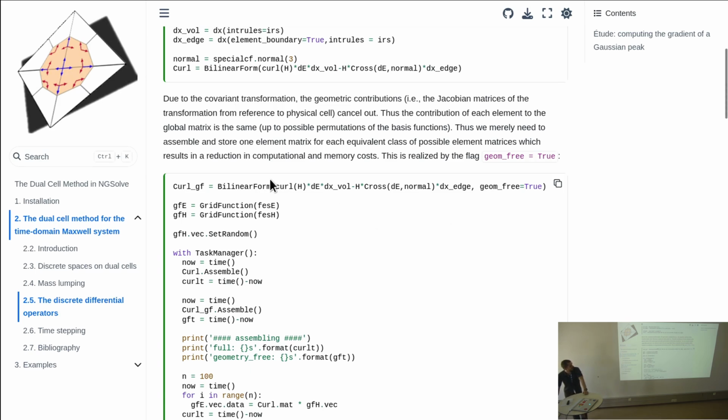And so the integral here is actually independent of the geometry. So we can assemble this element matrix once and reuse it. And when I say once, I mean more than once, because there are equivalence classes of elements with respect to rotations. But still, it's a very low number of matrices we actually have to assemble, which makes this very efficient because we don't ever have to assemble a big matrix here.